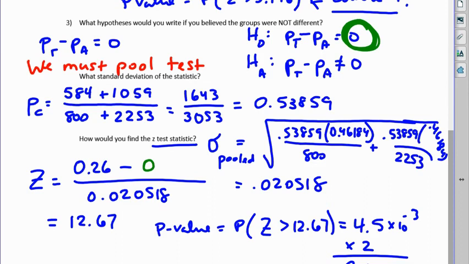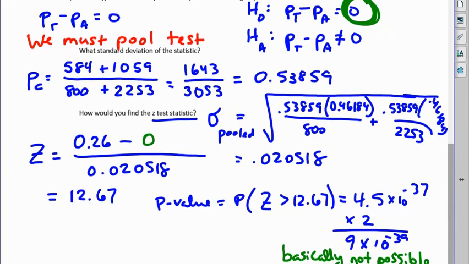Wait, oh, negative 37. Sorry, that was to the negative 37. Times 10 to the negative 37. I mean, holy cow, that is basically zero. Basically not possible. So that's a tremendous amount of evidence that teens are different from adults in terms of their use of social networking.